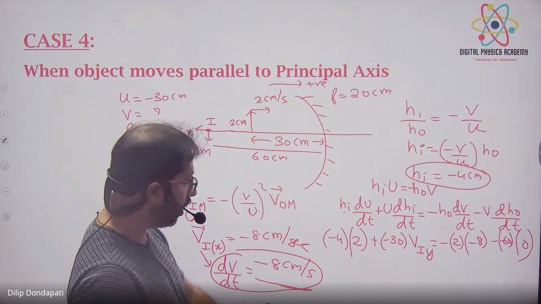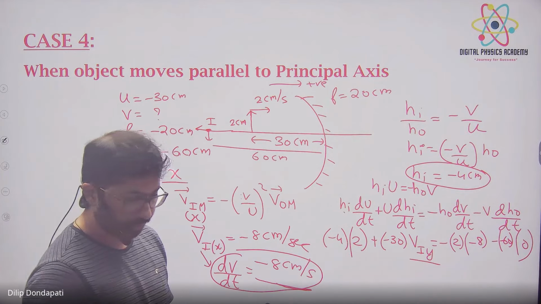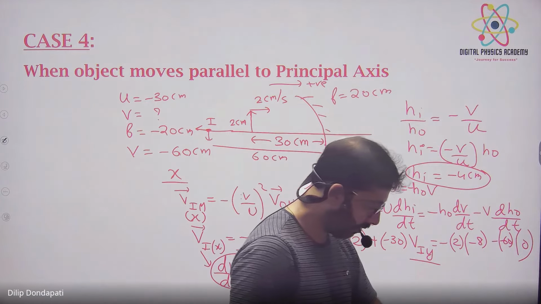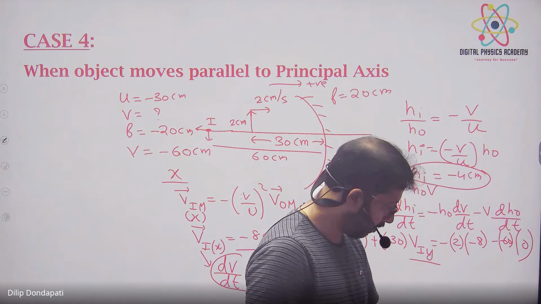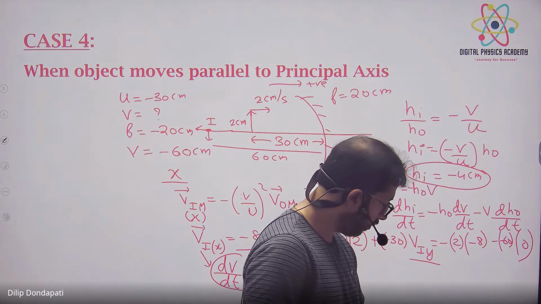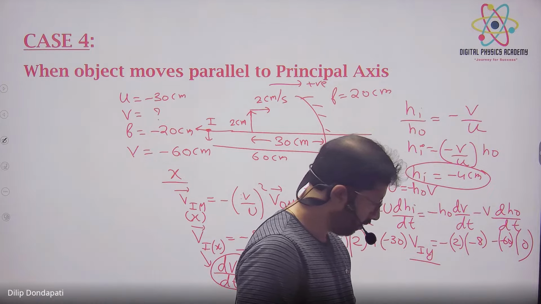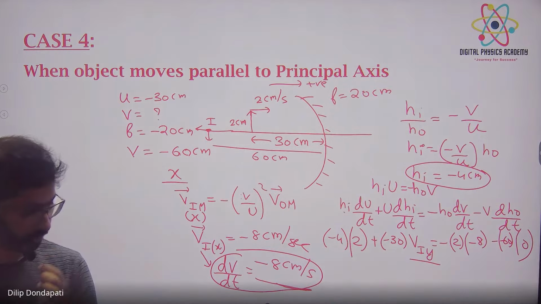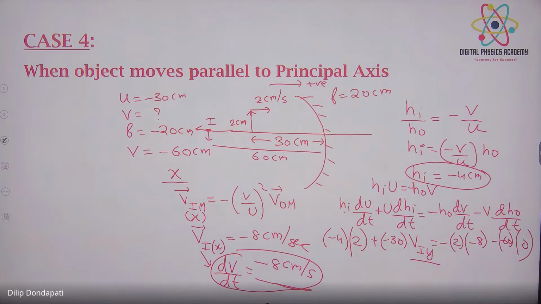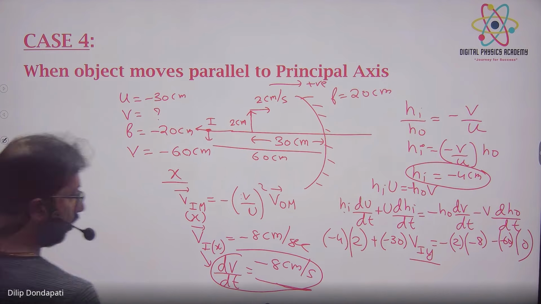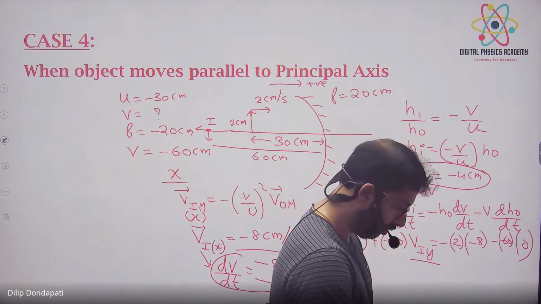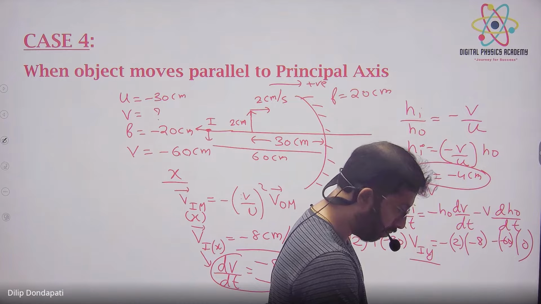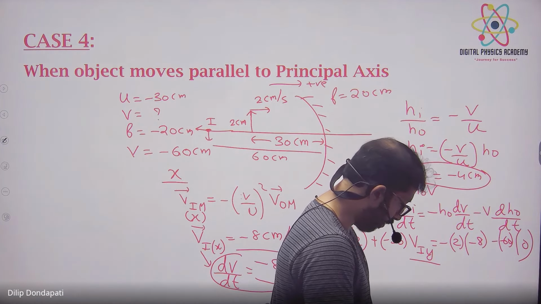Now solve and try to find viy is how much. -0.8. Minus 0.8, correct. Perfect.